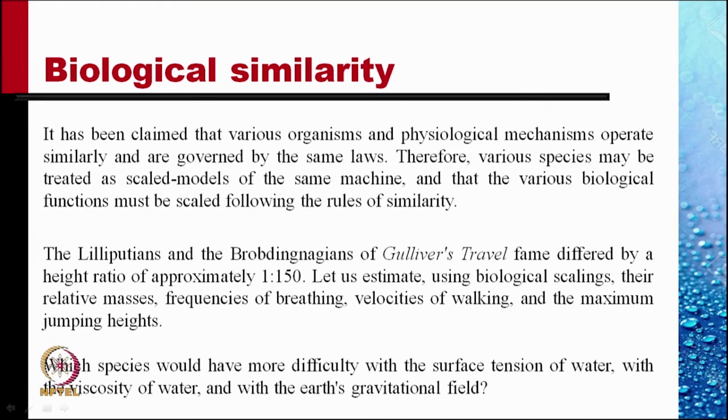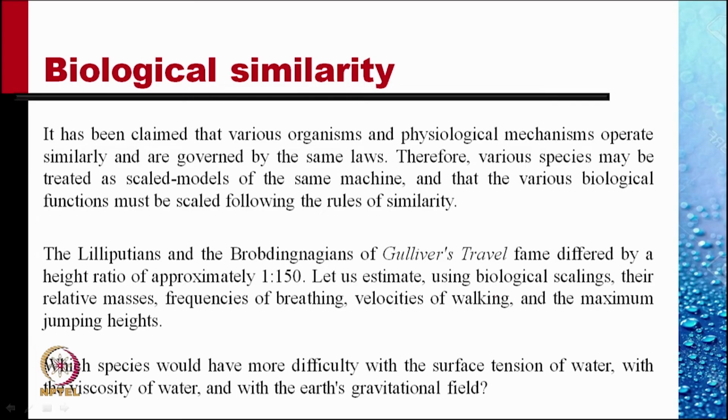Actually, the ratio was 1:144 because it was mentioned in Gulliver's Travels that an inch of Gulliver was a foot for the Lilliputians and a foot of Gulliver was an inch for Brobdingnagians. Let us estimate using biological scalings their relative masses, frequencies of breathing, velocities of walking, and the maximum jumping heights.